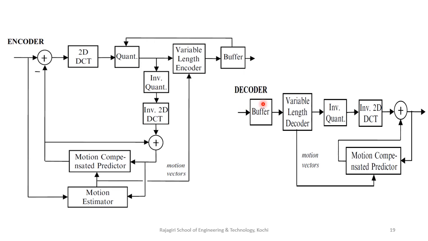At the decoder side, the reverse operation of variable length decoding, inverse quantization, and inverse transformation is done to generate the prediction error signal. This prediction error signal is then added with the prediction block of the reference frame in order to reconstruct the block of the current frame.